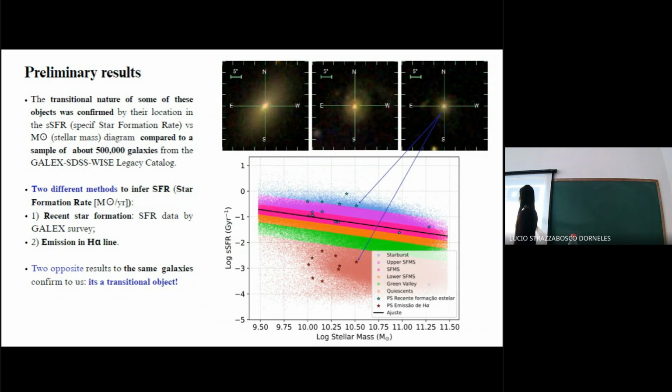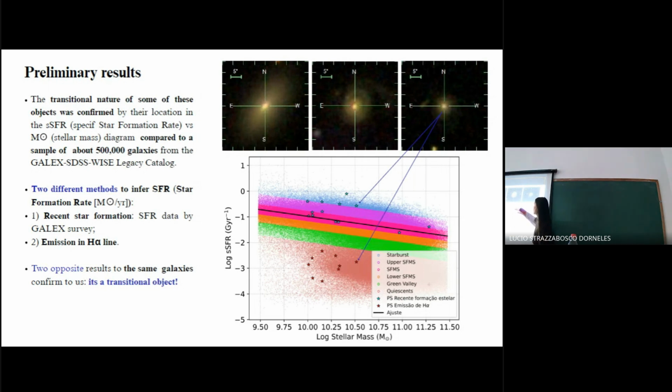It's very interesting, because each point here is a galaxy. We have about 500,000 galaxies here, and we separate these galaxies into groups.